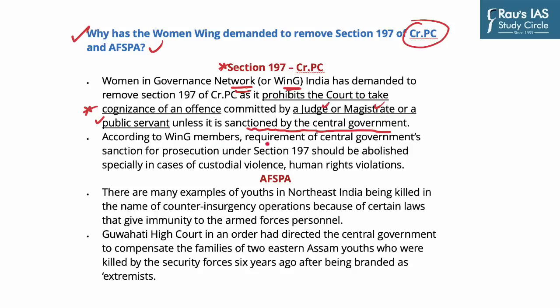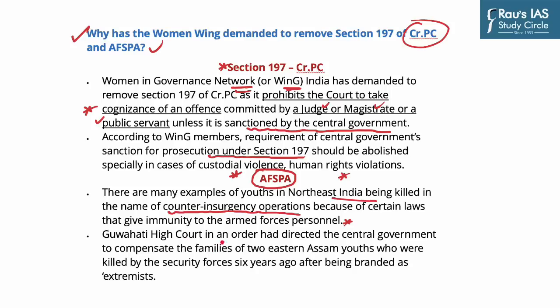According to Wing members, the requirement of central government sanction for prosecution under section 197 should be abolished, especially in cases of custodial violence and human rights violations. For scrapping AFSPA, they argued that there are many examples of youth in Northeast India being killed in the name of counter-insurgency operations because of certain laws that give immunity to armed force personnel.